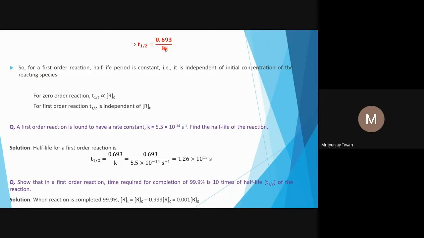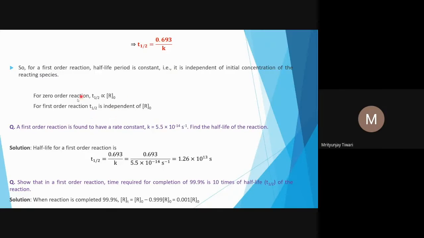However, under similar conditions, T half is a constant, because it is obtained as 0.693 divided by K. So for the first order reaction, half life period is independent of the initial concentration of the reacting species, because we see in this expression the concentration terms are not there, which means it is not dependent on the initial concentration of the reactant.